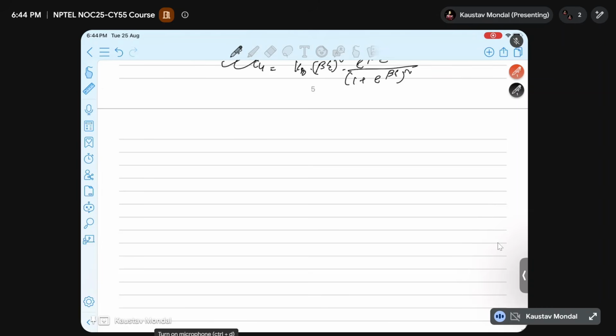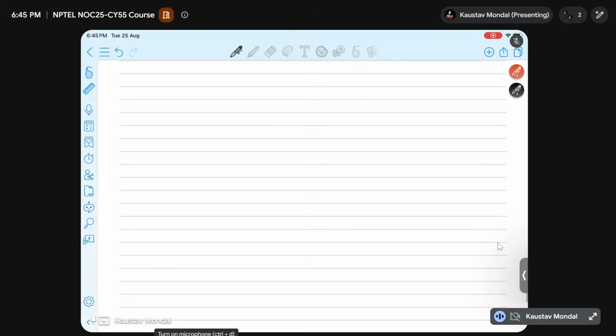Now we will start our discussion on the next topic. Till now, from the last class, we discussed the partition function of the whole ensemble, right? But how is this partition function of the whole ensemble related to the single particle partition function? That relation we will discuss right now.